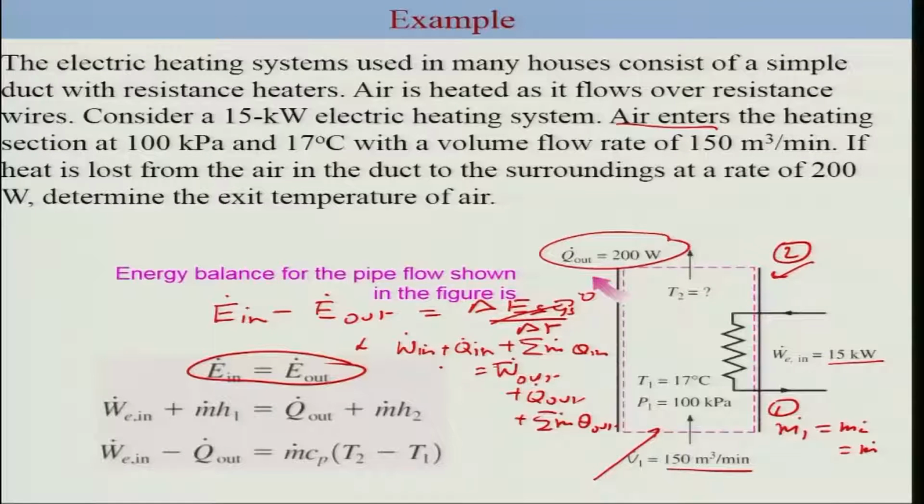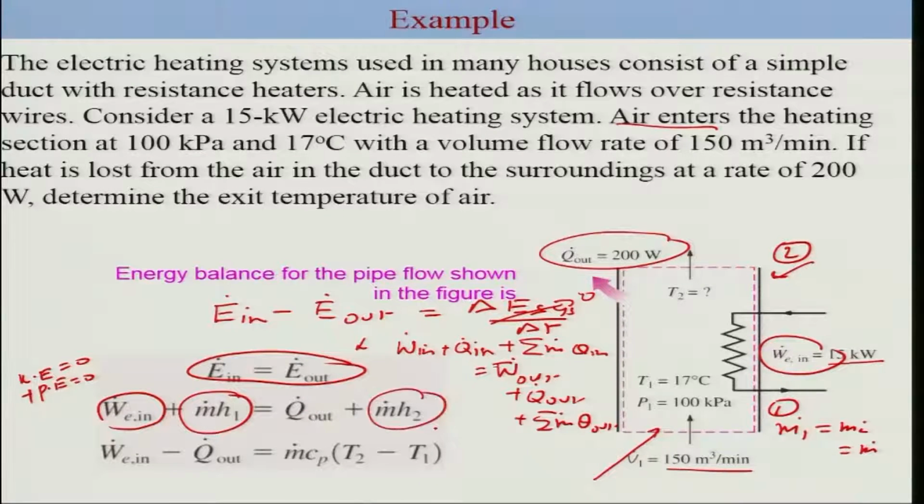Now since there is no Q in, what you have as far as the E in is concerned is W in. Assuming your KE plus PE is 0, you have W in plus only the enthalpy of the flowing fluid as a part of your energy of the flowing fluid, that should be equal to the E out, which consists of heat out, which is this, plus the energy of the flowing fluid at the exit condition.